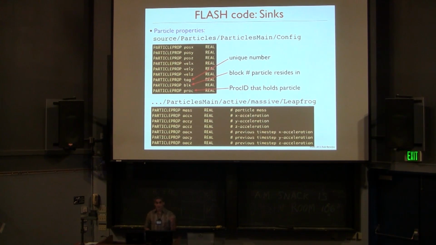And of course, if you have a massive particle which interacts gravitationally, you need a couple more properties, and they are listed here. So the mass, of course, the acceleration, and for the leapfrog you also need the acceleration from the previous time step. So that all makes sense.